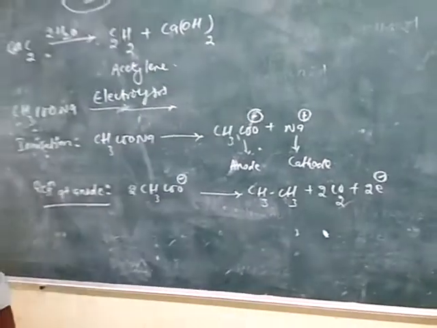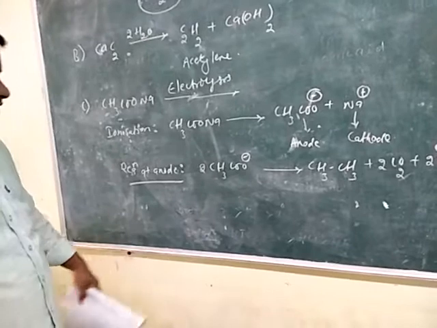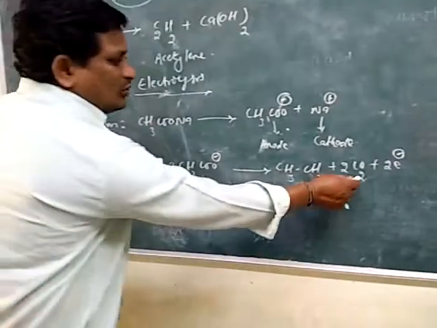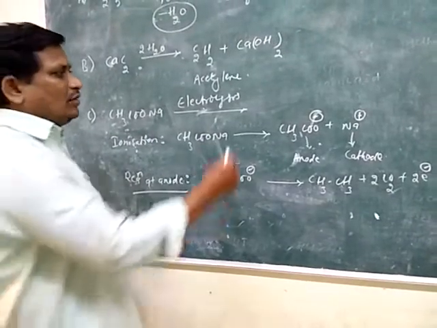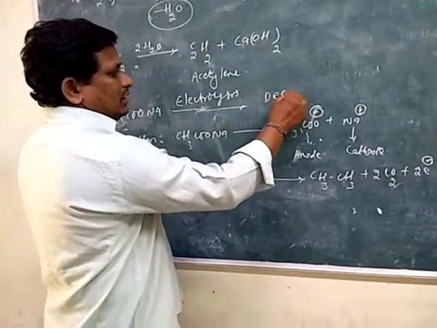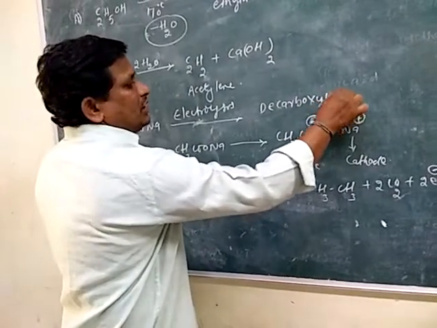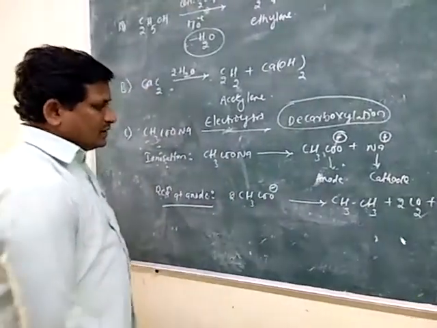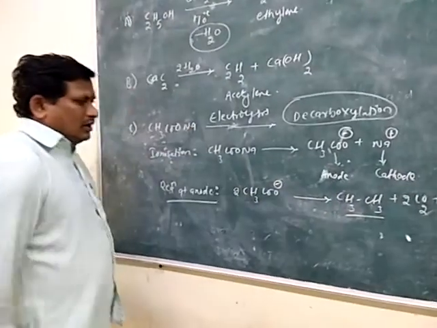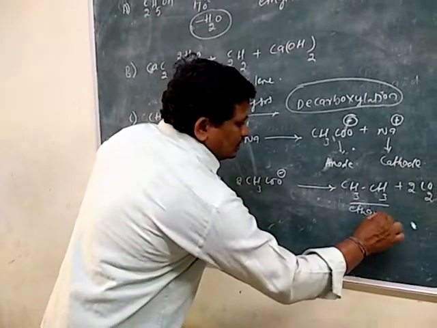So loss of electron is oxidation. So in this process, there is removal of carbon dioxide. So this process is simply a decarboxylation reaction. So then it is the ethane. The obtained compound is ethane.